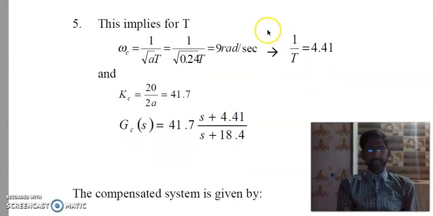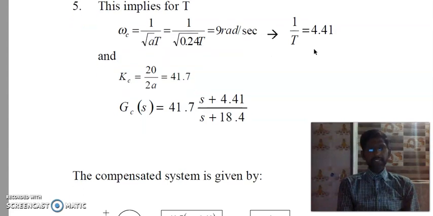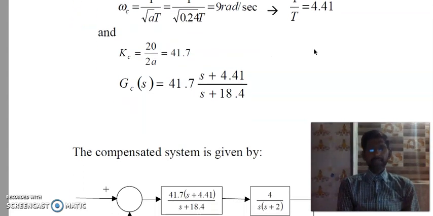This implies omega c equal to 1 by root alpha T, that is 1 by root of 0.24 T, equal to 9 radians per second, which implies that 1 by T equal to 4.41, and Kc equal to 20 divided by 2 alpha, which implies 41.7. Gc of s equal to 41.7 into (s plus 4.41) divided by (s plus 18.47).